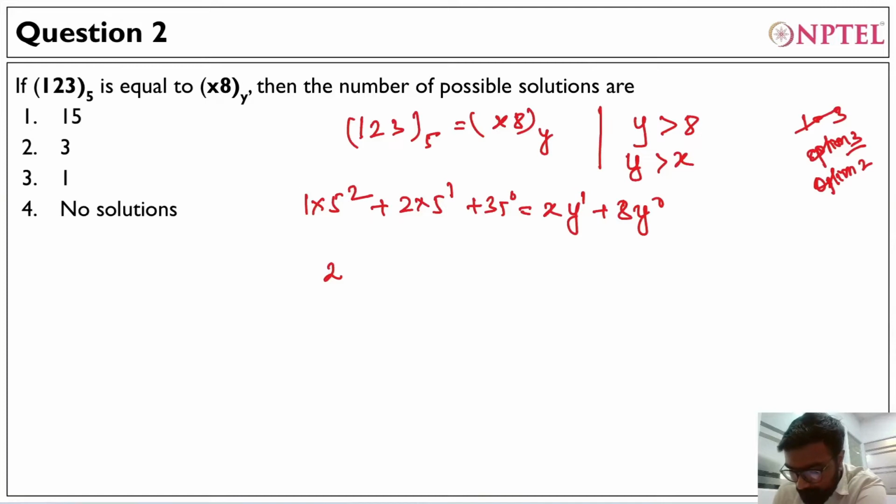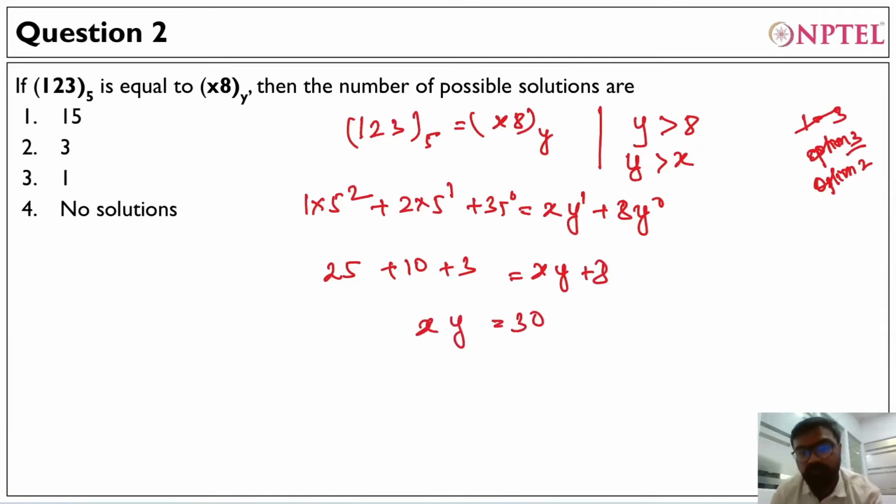So if we write here, it is 25 plus 10 plus 3 is equal to xy plus 8. 25 plus 10 is 35, plus 3 is 38, 38 minus 8 is 30. So xy is equal to 30. Now how many values of x and y will satisfy this equation?